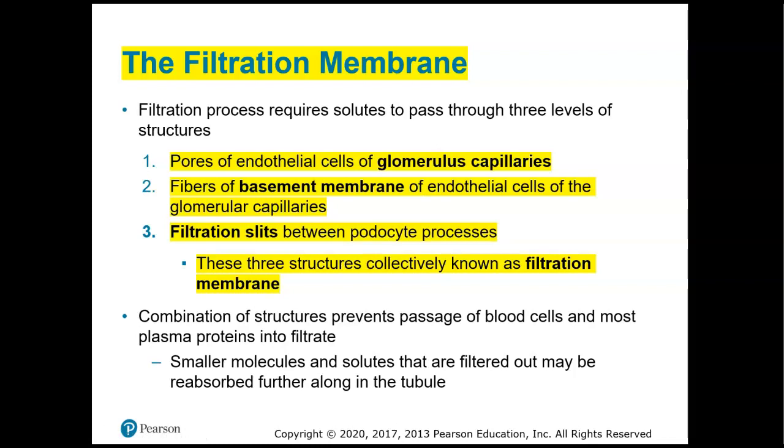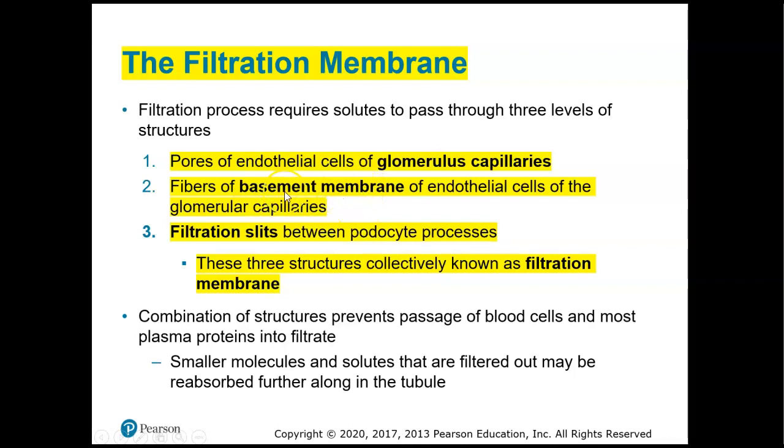So by definition, the filtration membrane consists of the pores of the endothelial cells of the glomerular capillaries, fibers of the basement membrane of both the glomerular capillaries and the basement membrane that comes from the glomerular capsule, from that visceral layer that we talked about.